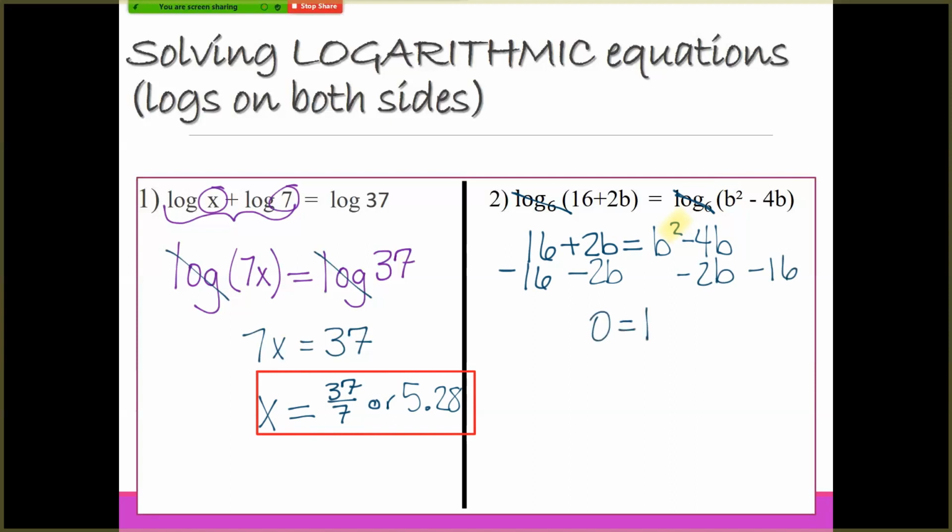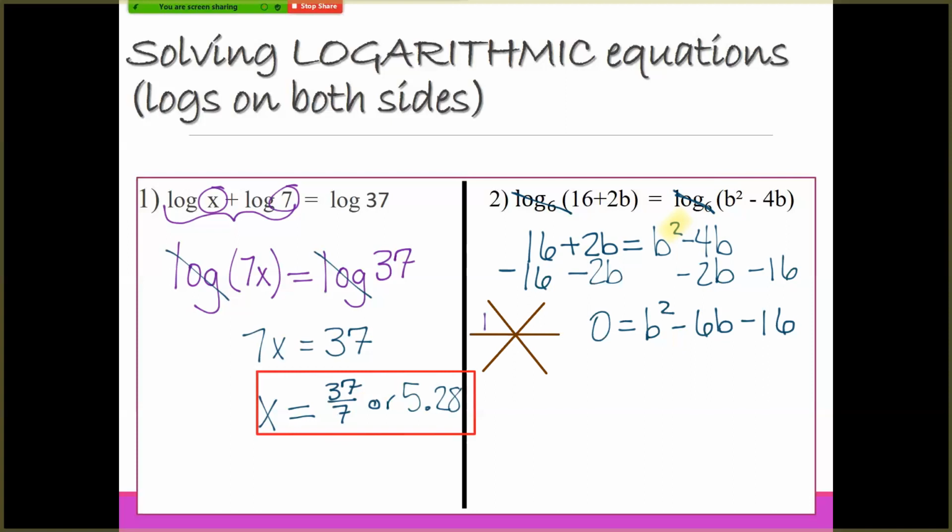That gives me b squared minus 6b minus 16. Using b squared minus 6b minus 16, I'm going to put that into my asterisks.